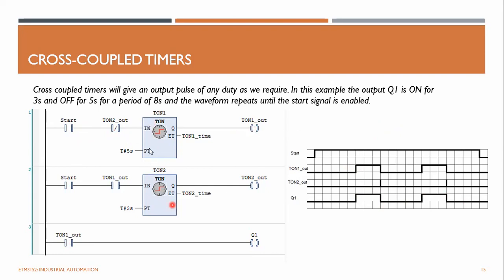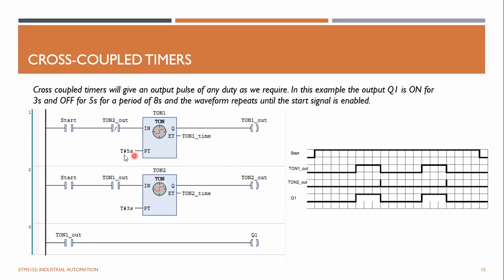So these two timers are connected in such a way that they are cross-coupled. For example, the normally closed contact of the T on 2 timer output is set to the input of the T on 1 timer, and the output of the T on 1 timer is set to the input of the T on 2 timer. So this is what is happening.